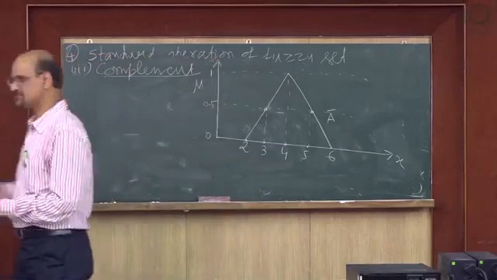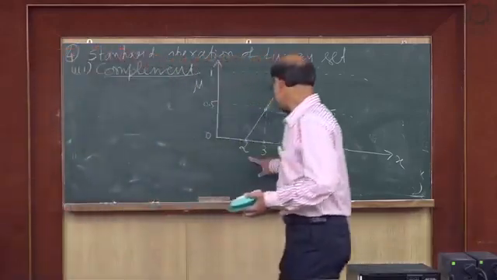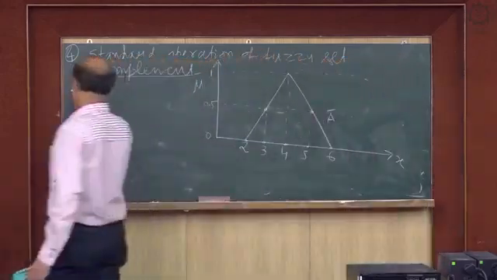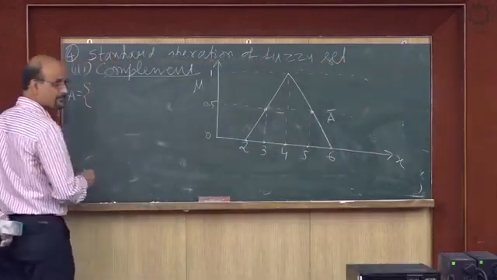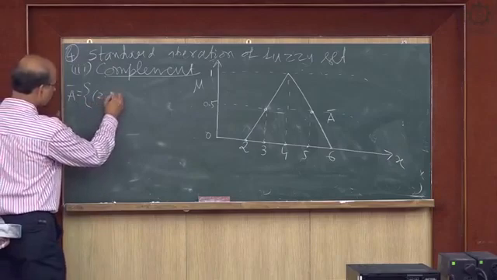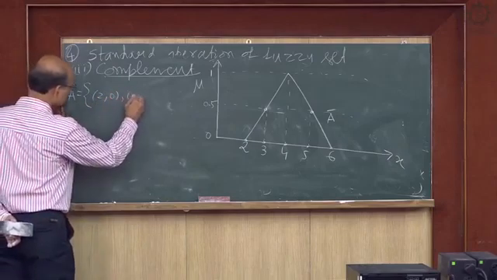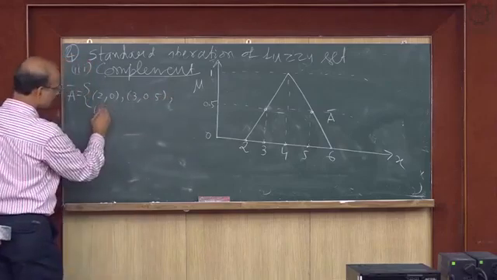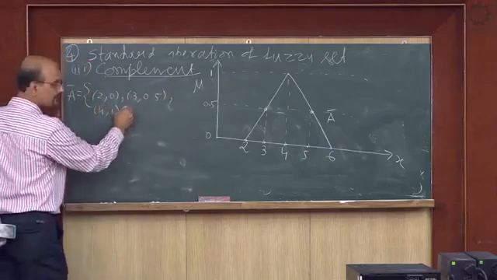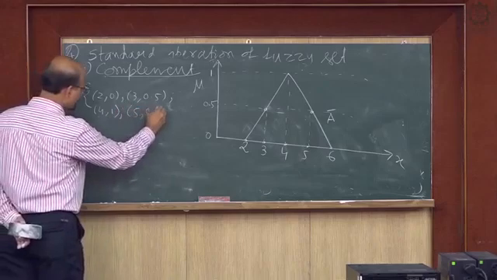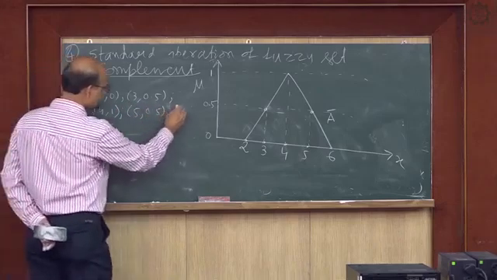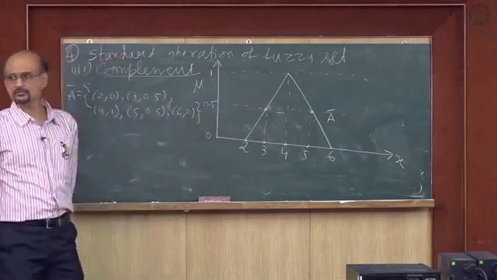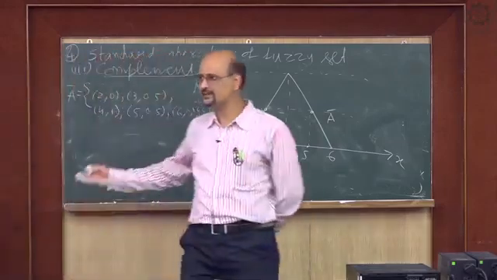So, I can write this fuzzy set A bar as ordered pairs: 2, 0, 3, 0.5, then 4, 1, 5, 0.5 and 6, 0. This is your fuzzy set A bar.